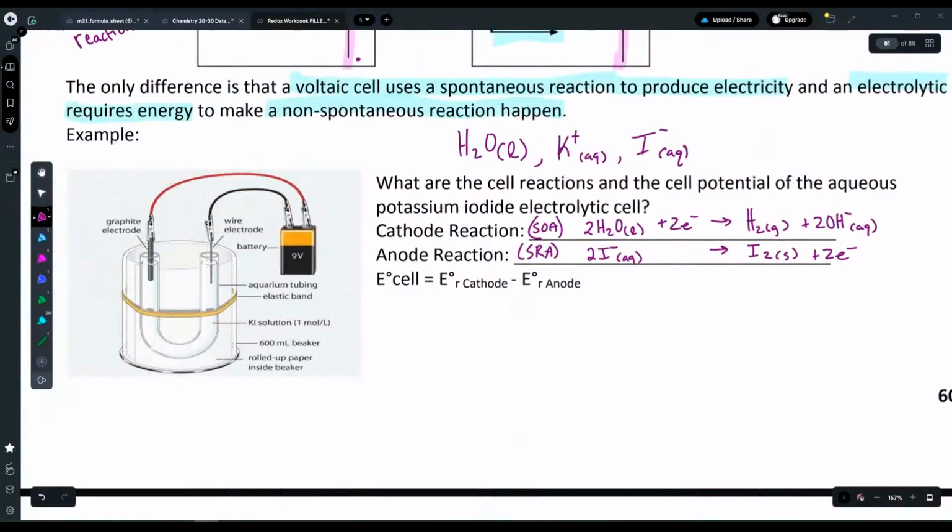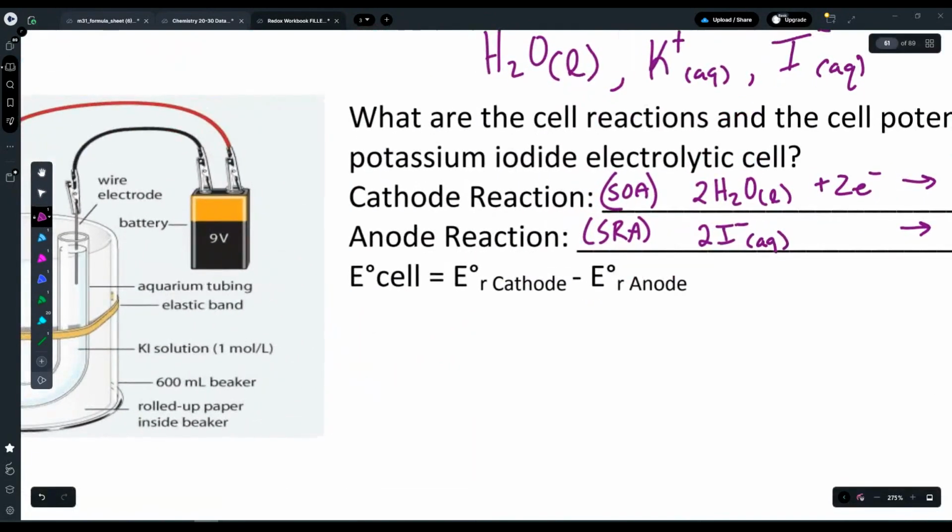Okay, so the next thing that we need to do is figure out what the cell potential is. So what is the electric potential of this electrolytic cell? We can use this formula to figure that out. The electric potential of the cell is equal to the electric potential of the reaction happening at the cathode minus the electric potential of the reaction at the anode.